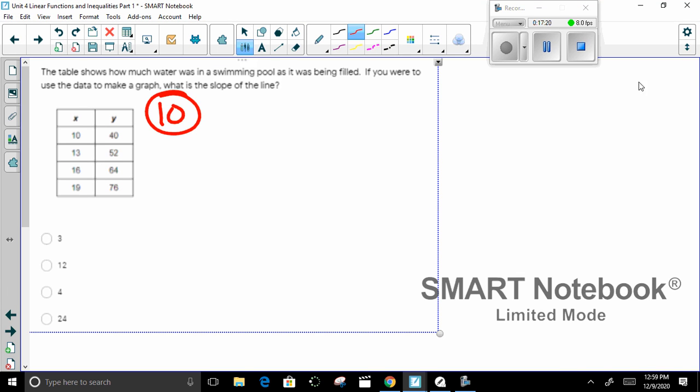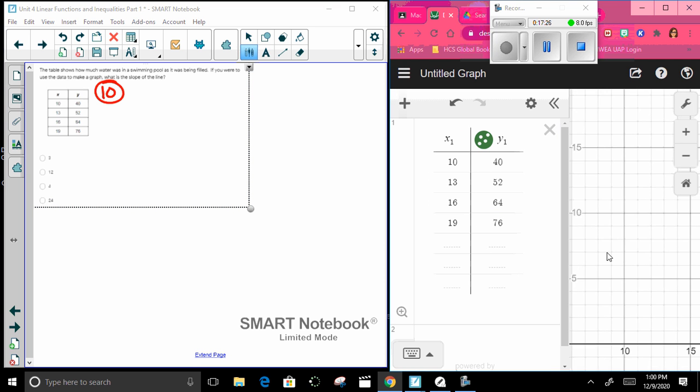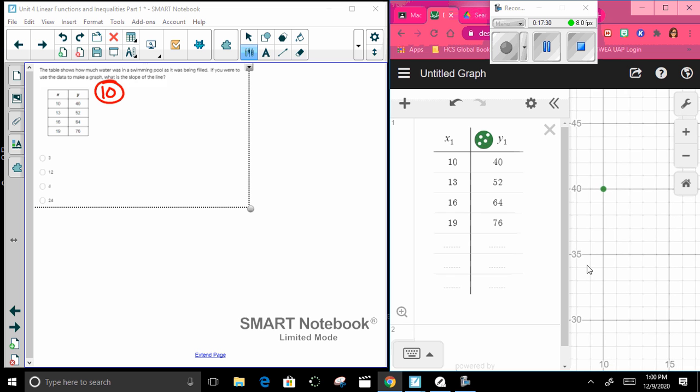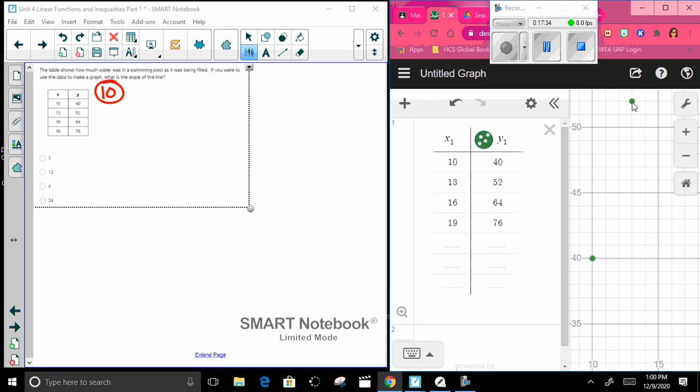Yeah, 64 and 76. All right, so just keep in mind these numbers are really high, so I'm probably gonna have to scroll way, way up. There's one. Ah, there's another. Now keep in mind, my graph is counting by ones, so I'm going up 5, 10, 11, 12. So I'm rising up 12.